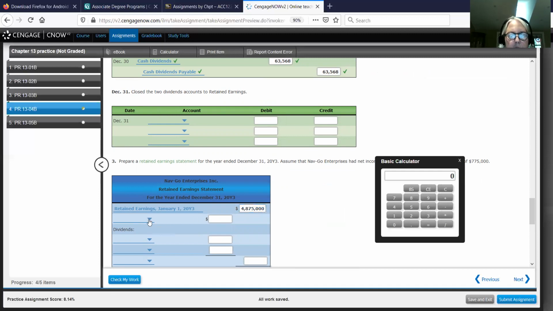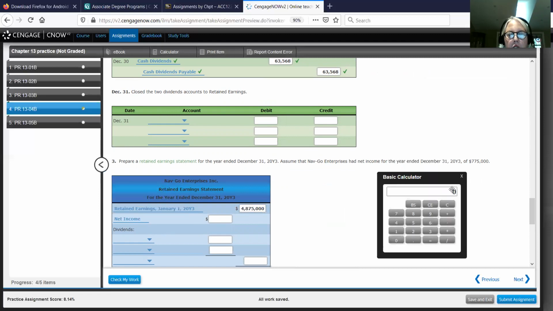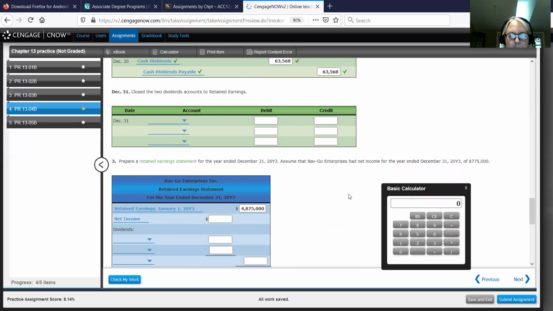To this, we have to add net income. Net income adds to the retained earnings balance. The net income would come from the income statement. We didn't have to prepare it, but it was a given amount of $775,000. Then we're going to record our dividend accounts. You'll remember we had two types of dividends. We had cash dividends.